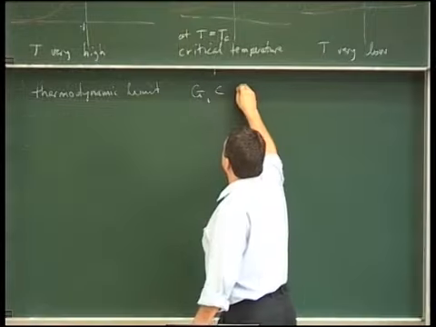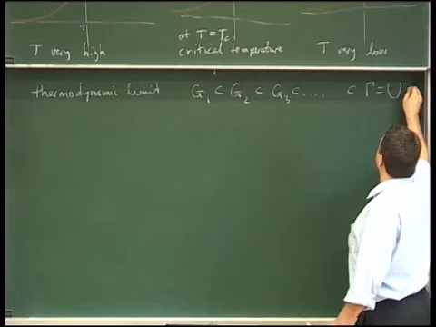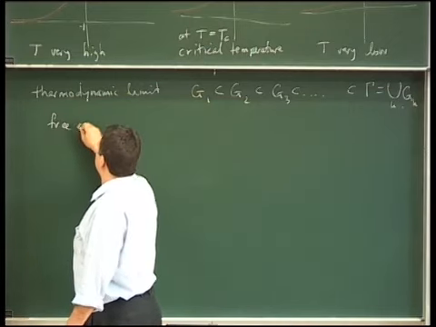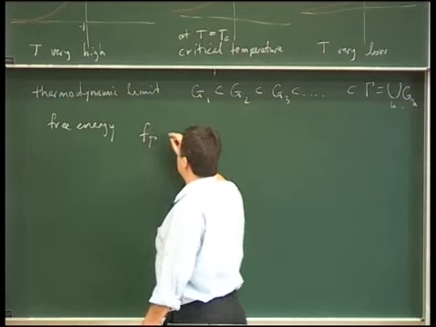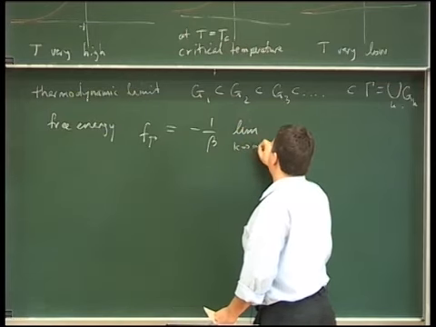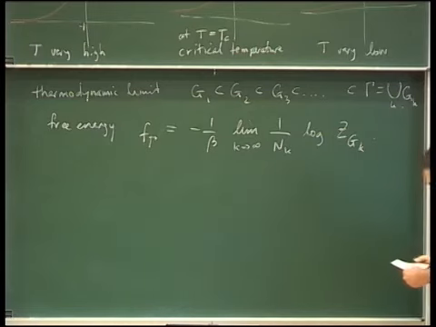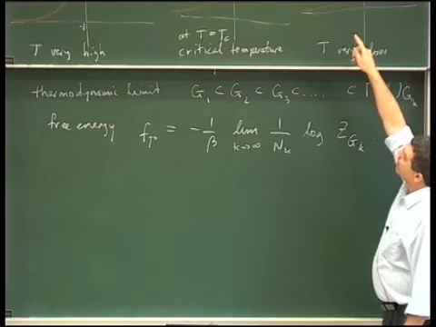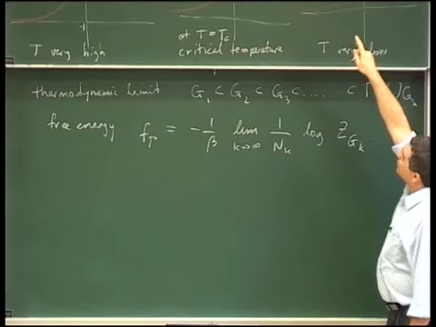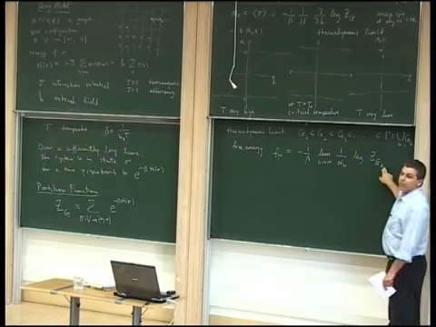You take a sequence of graphs, each one contained in the next, and all contained in gamma, which is the union of them all. So you can say everything of a thermodynamic nature can be computed from the following. If you look at the definition of the spontaneous magnetization I gave there, you see that 1 over n log Z of G, which is what I've got here for one particular graph.